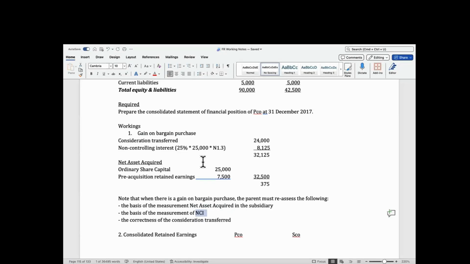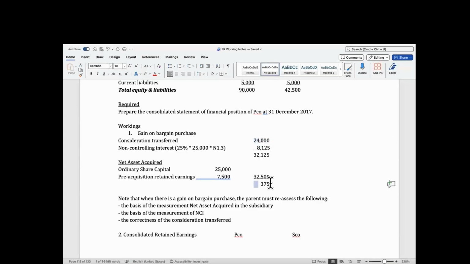And you also check the amount he paid, that he didn't mistakenly choose the wrong amount. He needs to check all those components and reassess them to be sure. So if he sees that there's a mistake, then he can update this computation. That's the requirement of the standard.